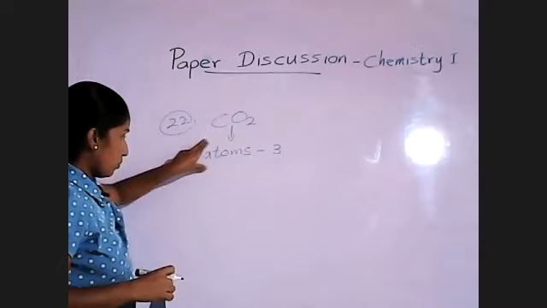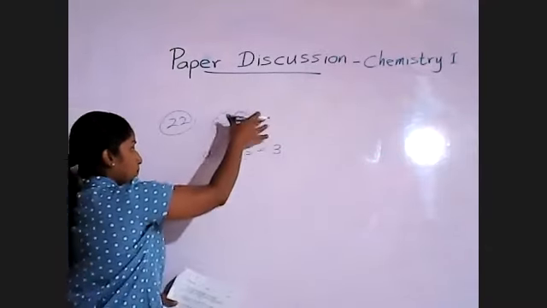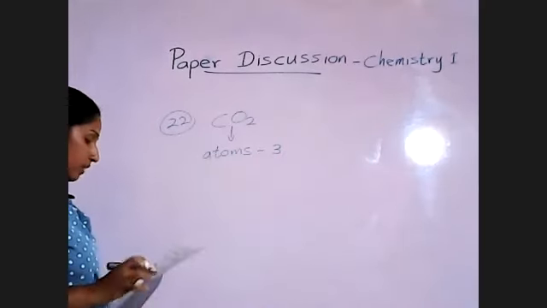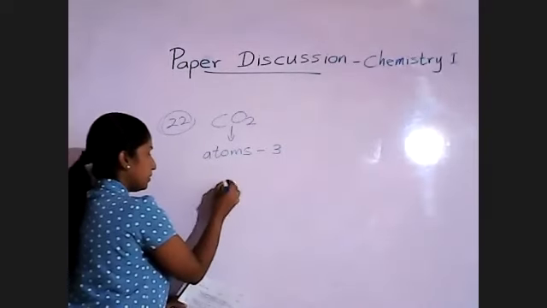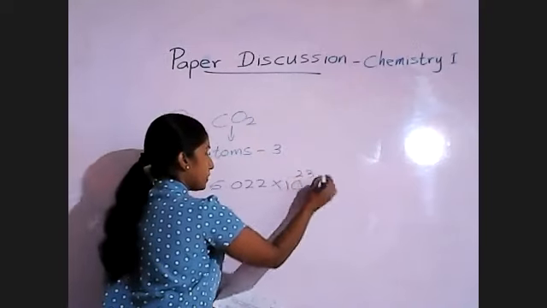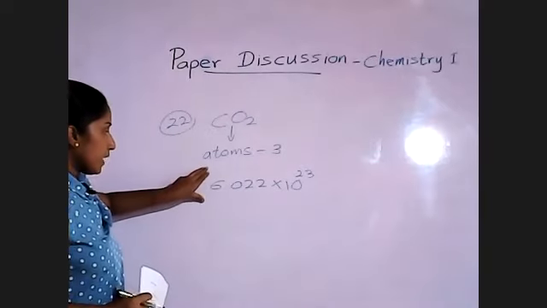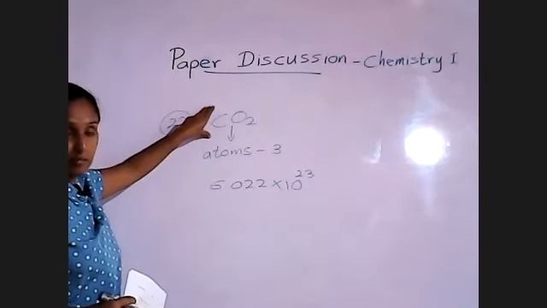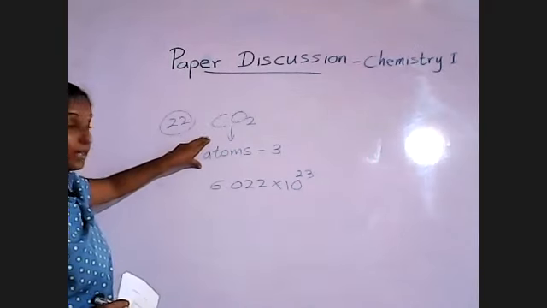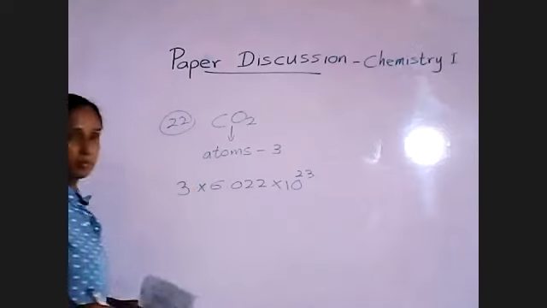Within 1 mole of carbon dioxide molecule, there is the Avogadro number of carbon dioxide molecules, but we have been asked the total number of atoms. Then we have to multiply this by 3.